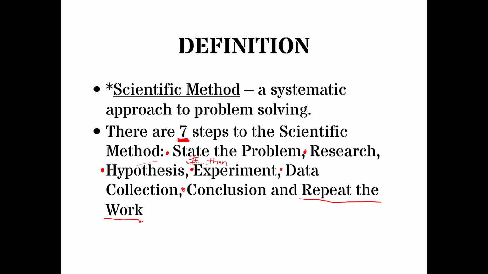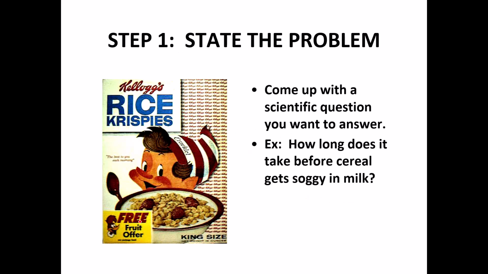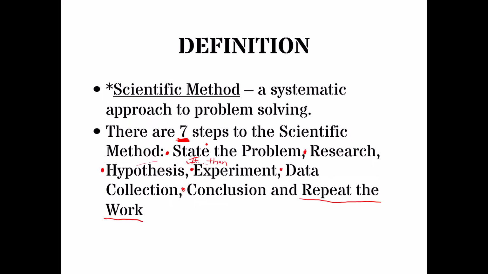So in labs and things like that, we usually don't have time to do multiple experiments, multiple tests. But if we were doing research in a lab, we would do each test multiple times to make sure that the results we got are verified. All right, so let's go through all 7.